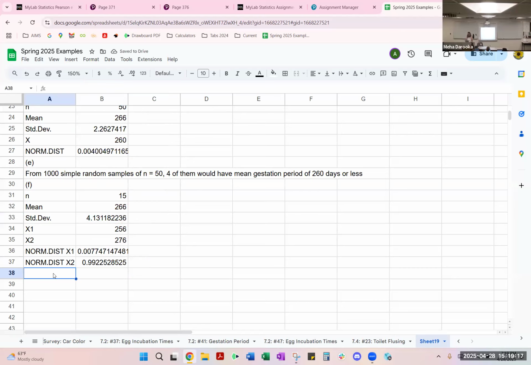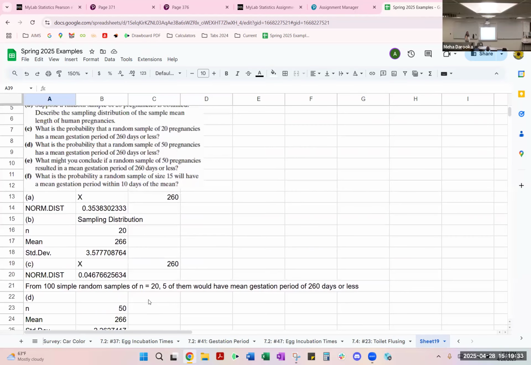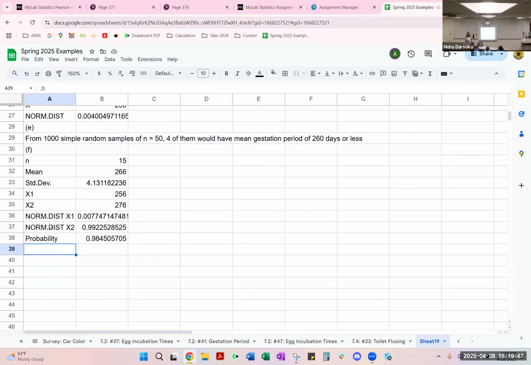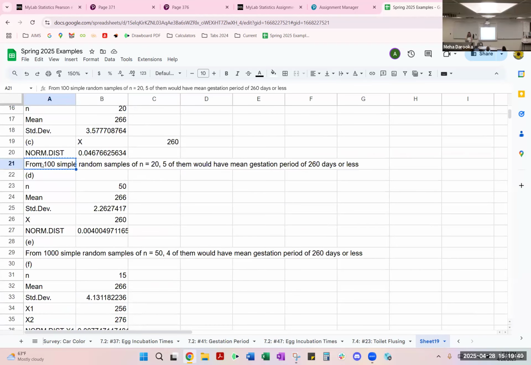Alrighty, so now to find that probability. So again, remember the question was, what is the probability that a random sample of size 15 will have a mean gestation period basically from 256 days to 276 days? And you can see that's a fairly high probability.